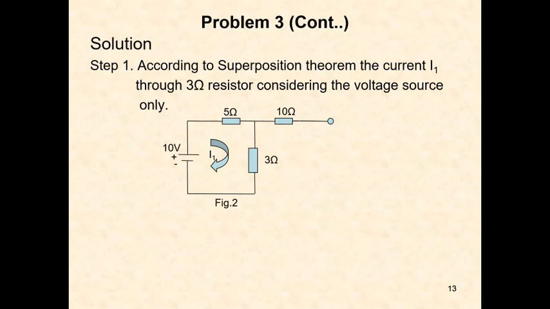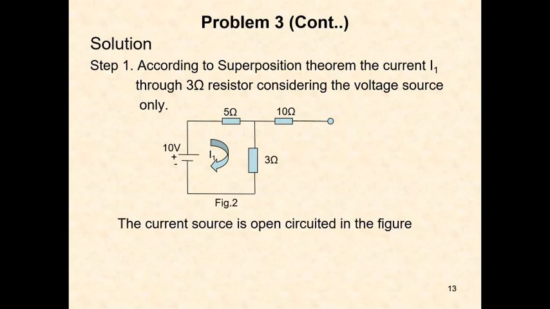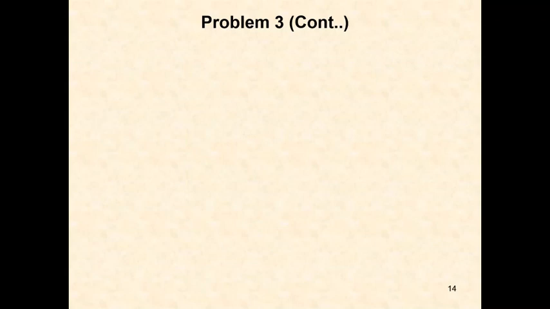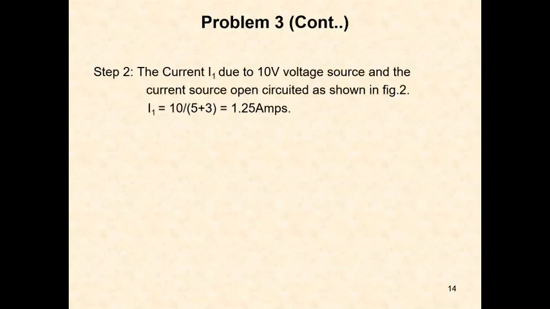I is equal to 10 by 5 plus 3. In step 2, the current I1 due to the 10 volts voltage source, with the current source open circuited, is shown in the figure. That is 10 by 8, equal to 1.25 amps.